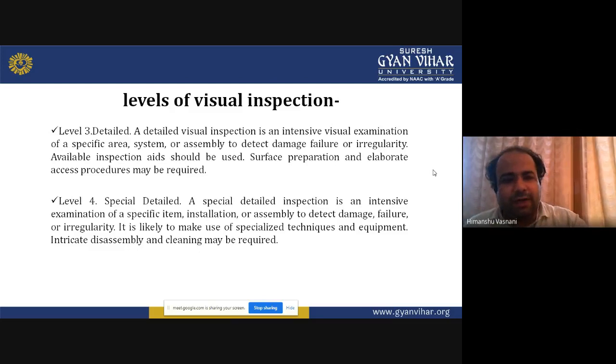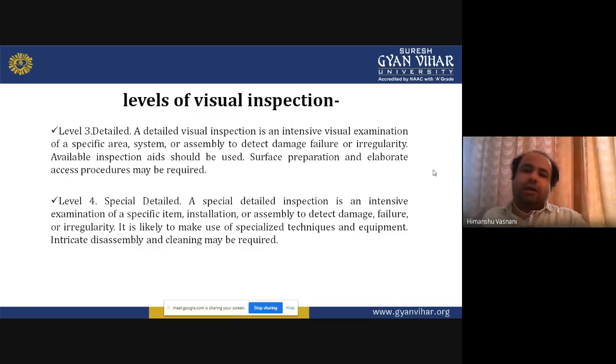Then level 4, special detailed inspection. It means that for critical parts you prepare a detailed inspection of a specific item or arrangement or installation and detect any failure, damage, or irregularity.